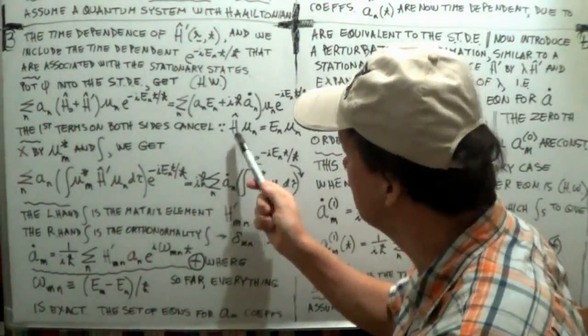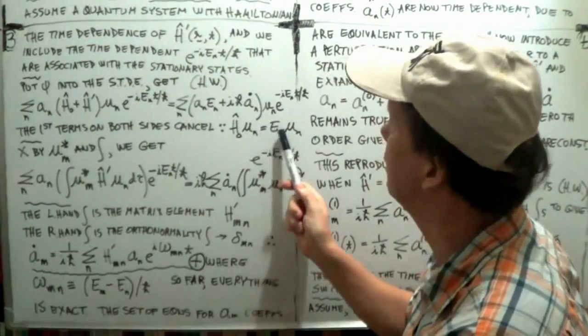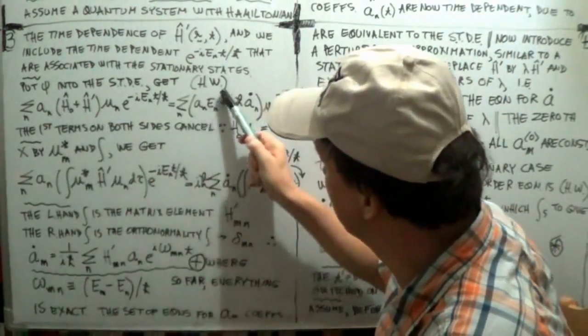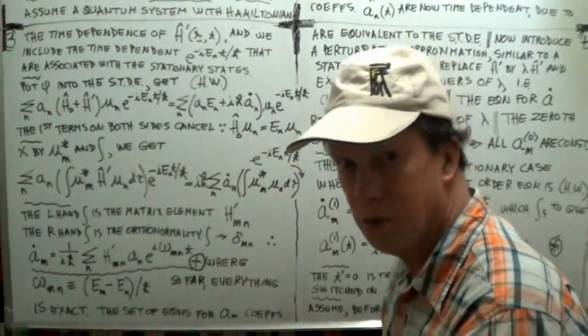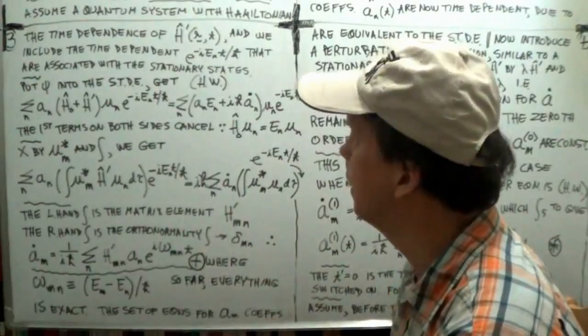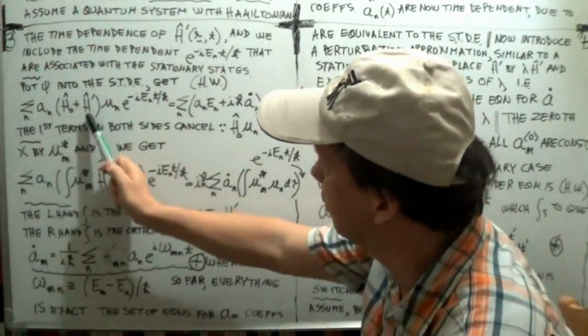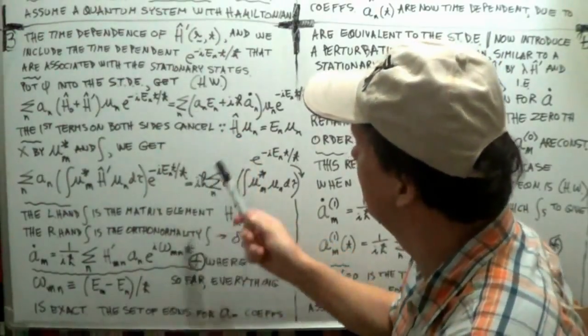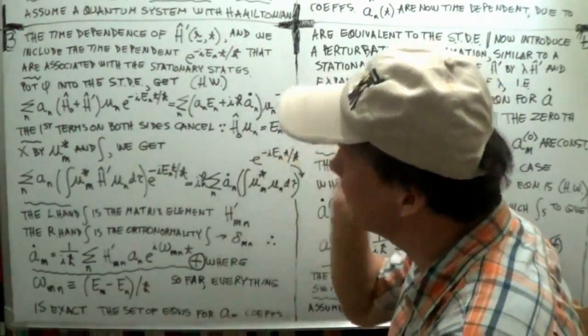So you've got H0 un is En un from the eigen equation. So these two terms drop out because they're equal. Kill those. The H0 is gone, this is gone, and you're just left with the H dash term.